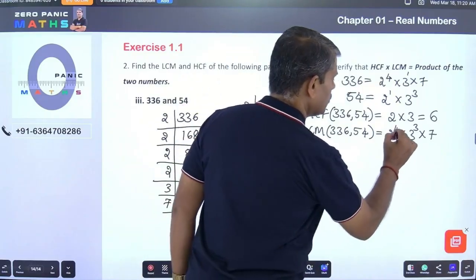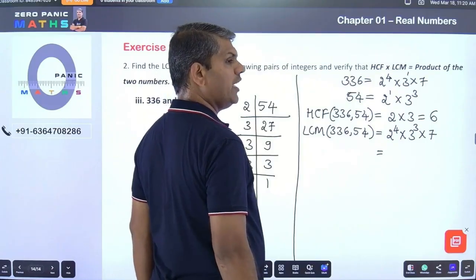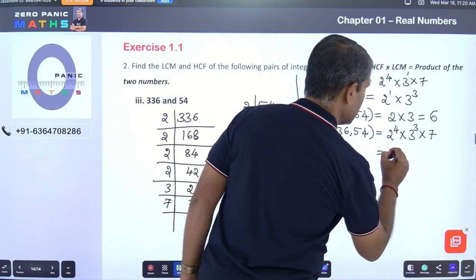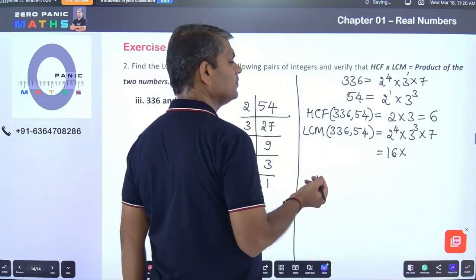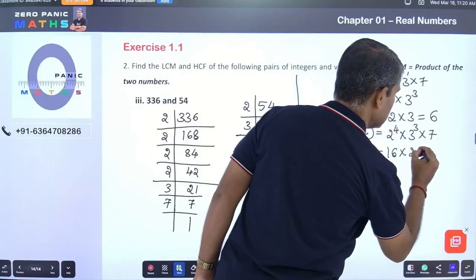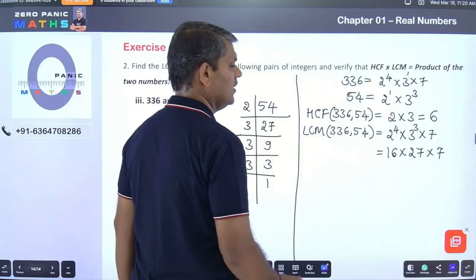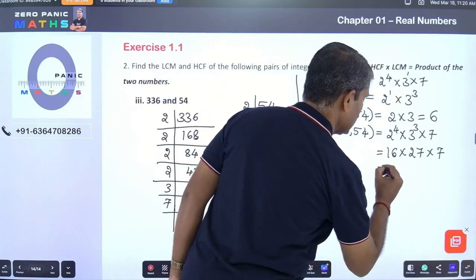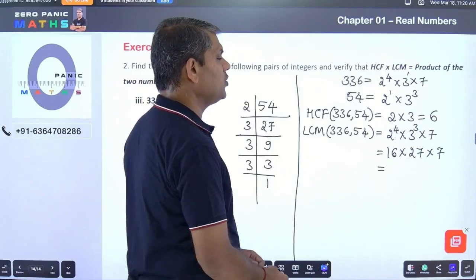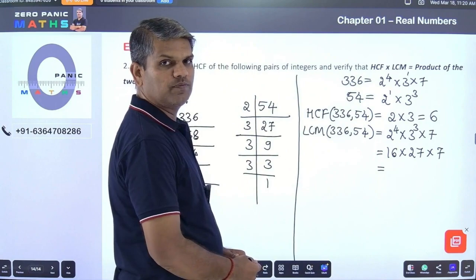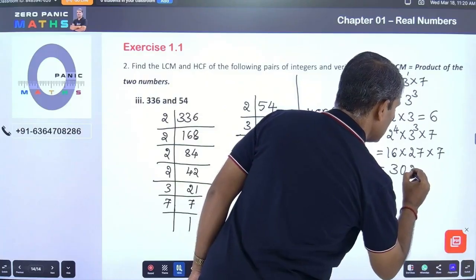Okay, 2 to the power of 4, 2 2s are 4, 4 2s are 8, 8 2s are 16. Okay, and 3 3s are 9, 9 3s are 27 multiplied by 7. Okay, let us see what is the multiplication of 16, 27 and 7 comes up to. It will come up to 3024.